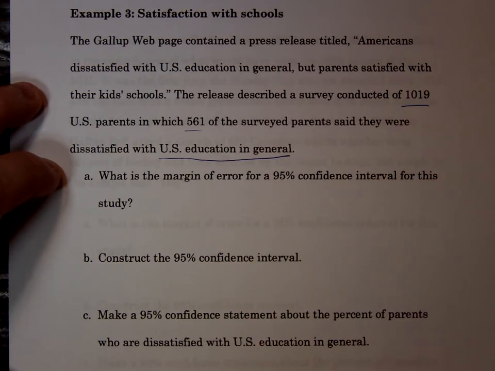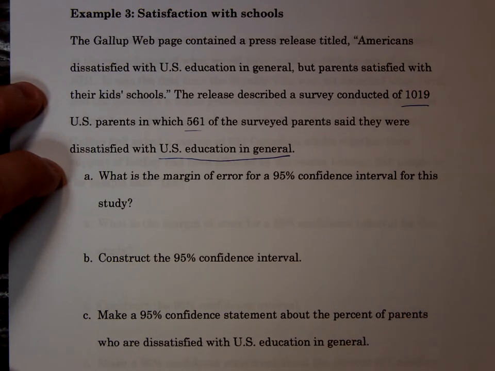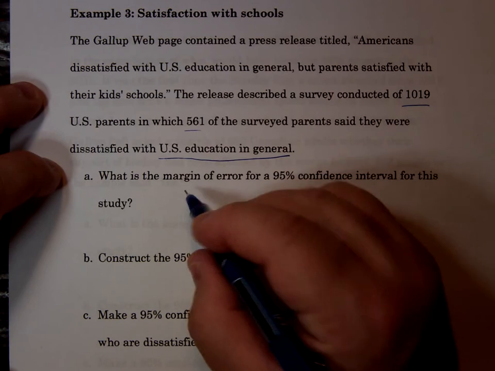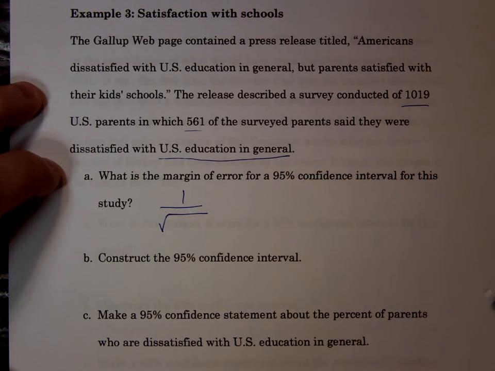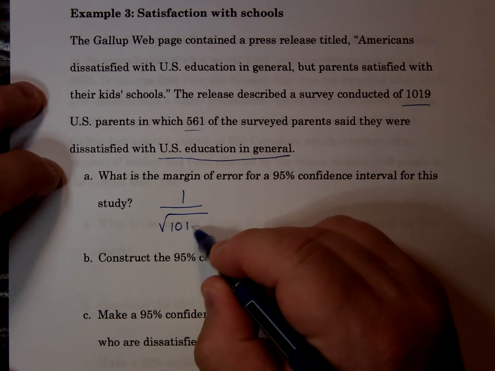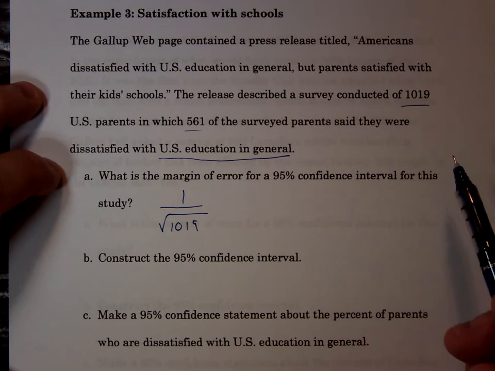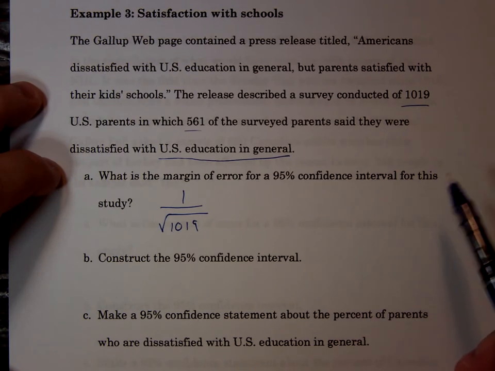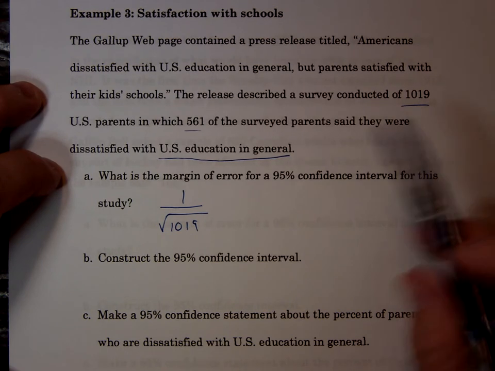Right. So, what is the margin of error for this study? So it's just going to be 1 divided by the square root of 1019, your sample size. Because our population is all U.S. parents, right? Our sample is the 1,019 U.S. parents.